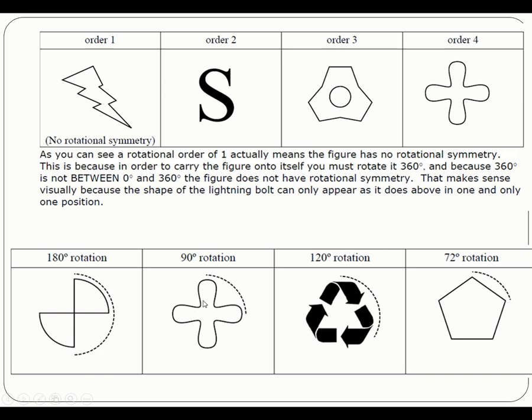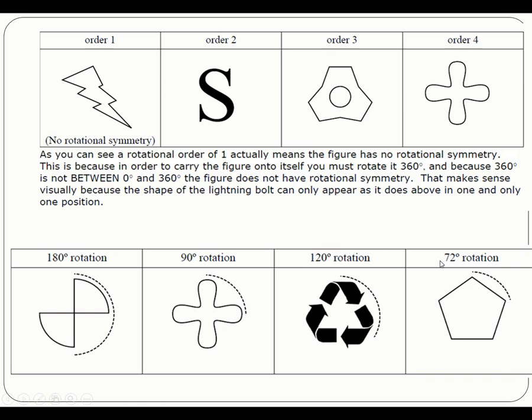This one rotates 4 times to look like itself, so it's only rotating 90 degrees each time, since 360 divided by 90 is 4. This one had an order of 3, so 360 divided by 3 is 120, which tells you how many degrees you rotate to make this thing look the same. And this one has an order of 5, so 360 divided by 5 is 72.